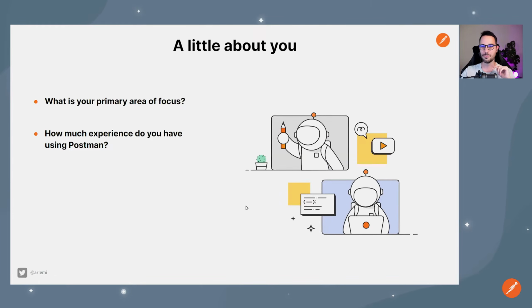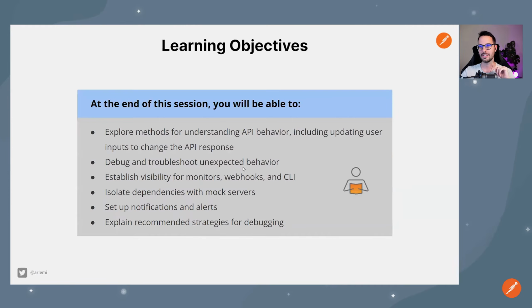So let's move on to the next slide and see the learning objectives. So what we want you to learn during this session, what we expect you to live with at the end of the session. First thing, you should be able to explore methods for understanding API behavior. I mentioned that during the agenda. So that includes updating user inputs and, based on that, changing the API response. Should be able to debug and troubleshoot unexpected behavior.